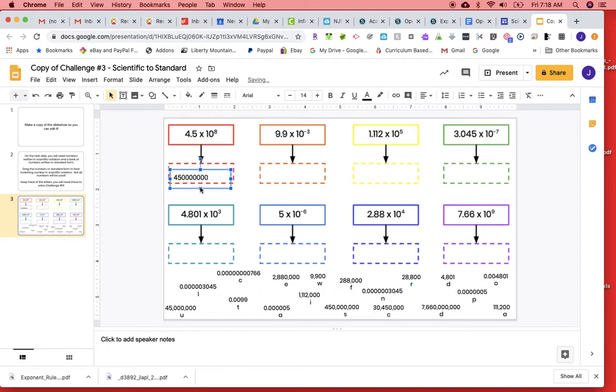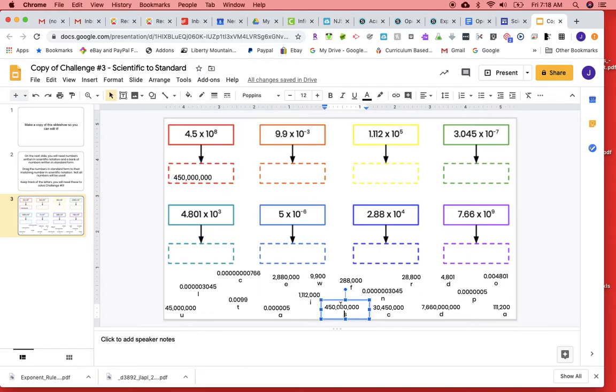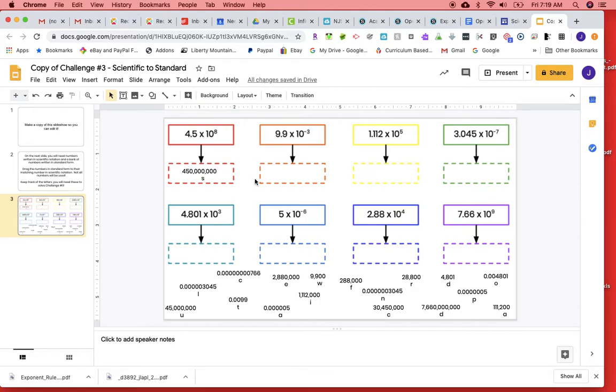So our number, if we put our commas in, will be 450 million. So if we're looking for 450 million, it looks like it's this one. And what we're going to do is drag it right there. If you want to delete what you did there, please do. All right, we have our first one done.